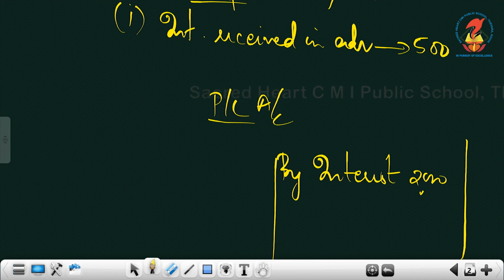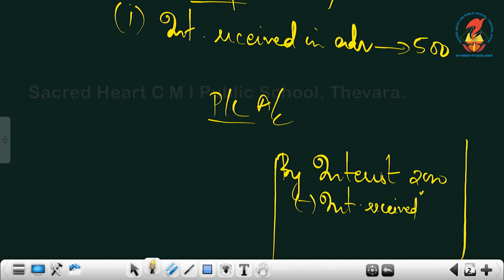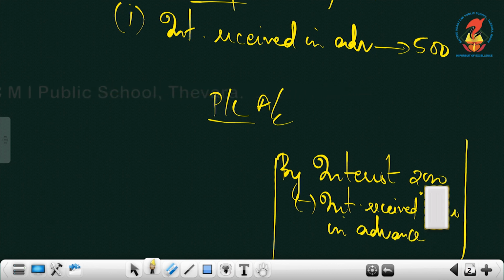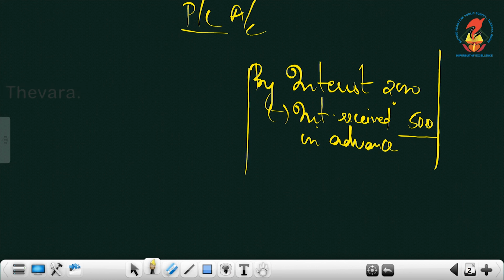So what should we do now? We have to deduct it, because it is next year's income and should not increase this year's profit. So less interest received in advance, and the balance, 1,500, you can write in the inner column.